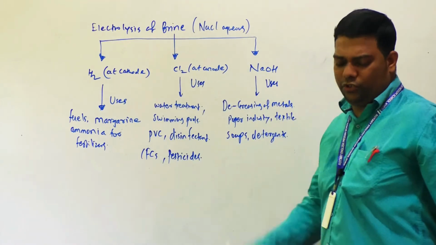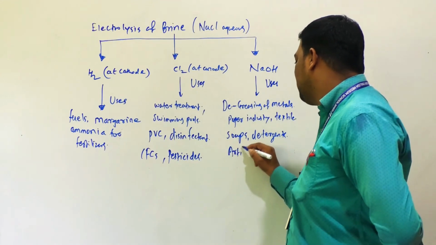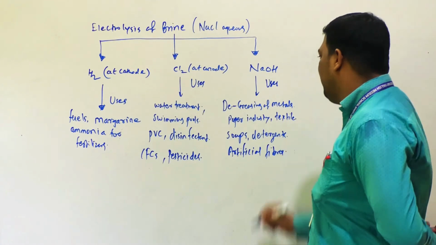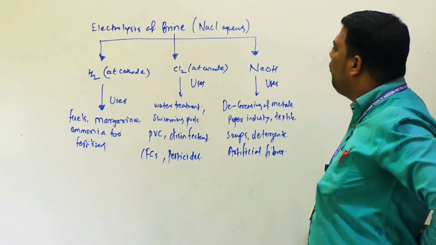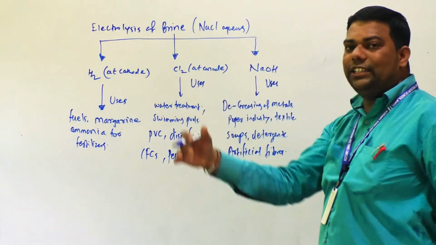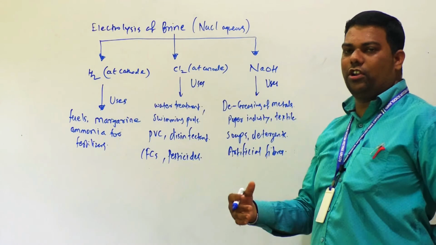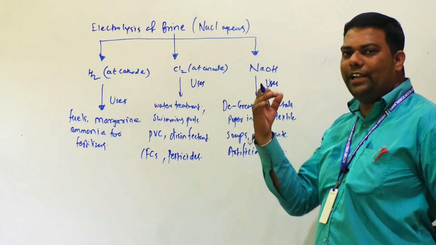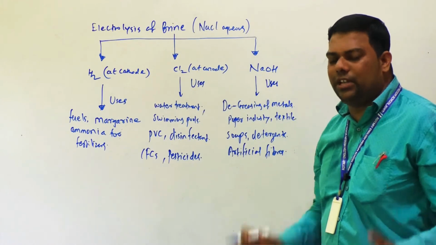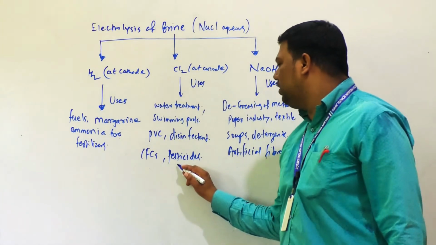So many uses of your NaOH. Then artificial fibers also we can make from this NaOH. So like this, NaCl aqueous, that is brine solution, we can use as the raw material for various chemicals. Here we discussed the most important thing.